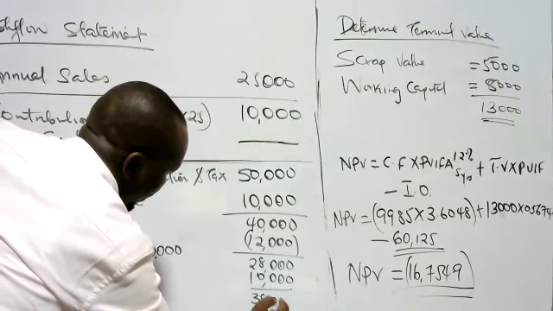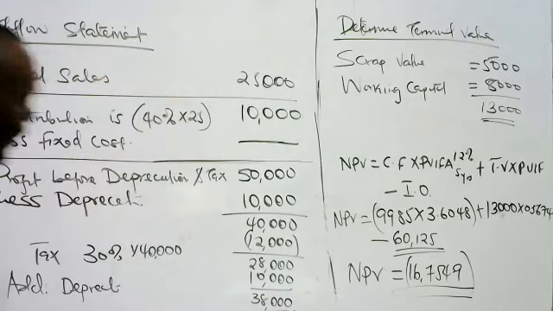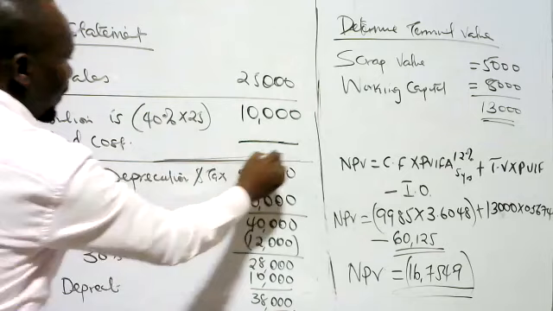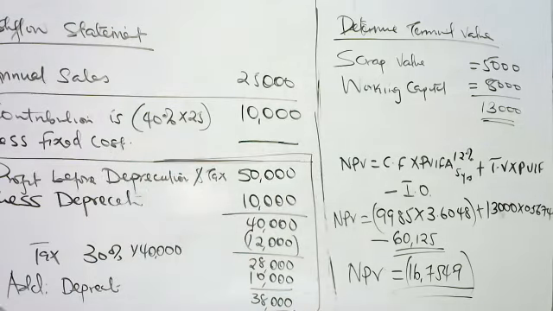That should be our free cash flow, 38,000. That is the normal way. So let's now do it the new way that I've just shown you and see if it is coming.